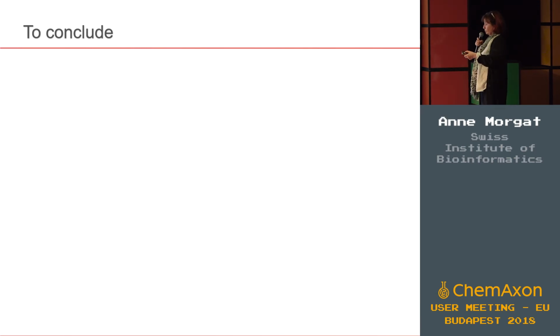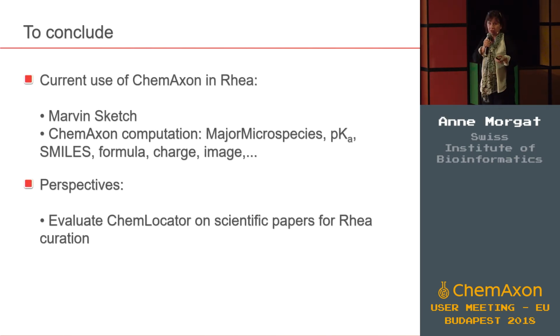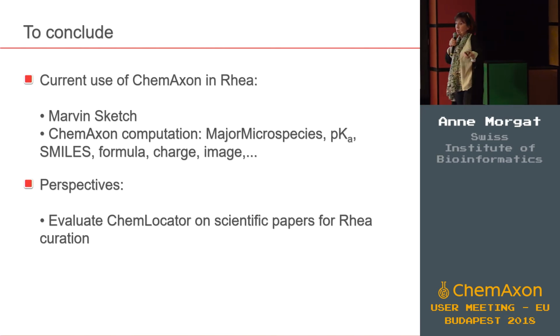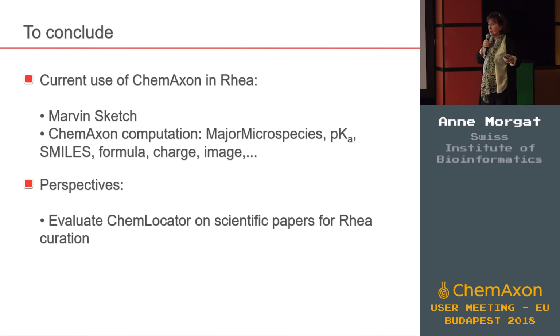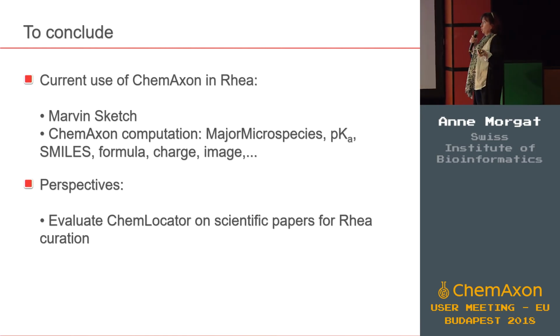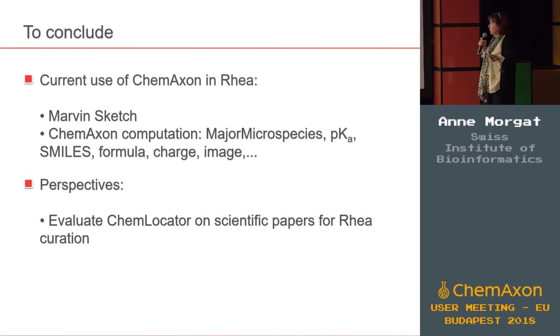To conclude, I would like to say that ChemAxon is a key component in our project. We see that the Rhea curators make great use of Marvin Sketch to submit compounds to ChEBI. We use a lot of ChemAxon computation: pKa, major microspecies, SMILES, formula, and so on.